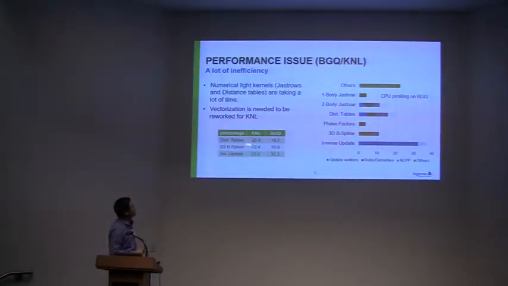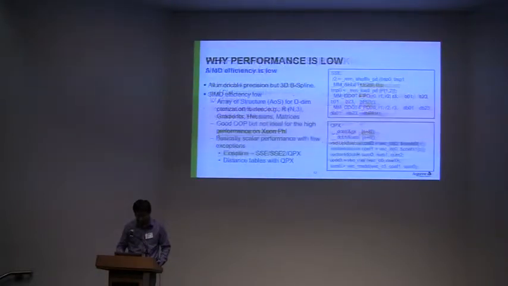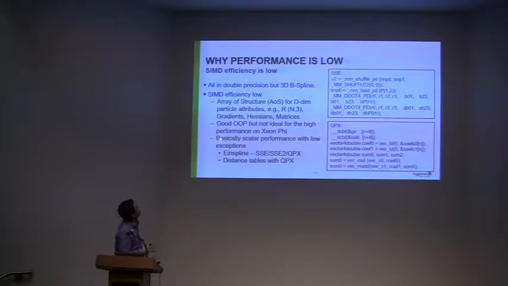We noticed those light kernels getting even worse, taking a much higher percentage of the total calculation time. So we really need to solve this issue since we can easily use cores, but we didn't do well on the efficiency of the cores. So how to improve the performance? There are two things we did in the beginning of this year.